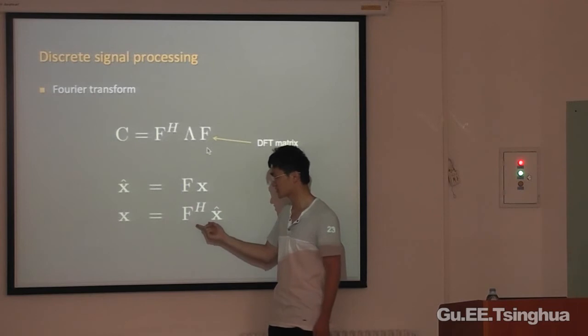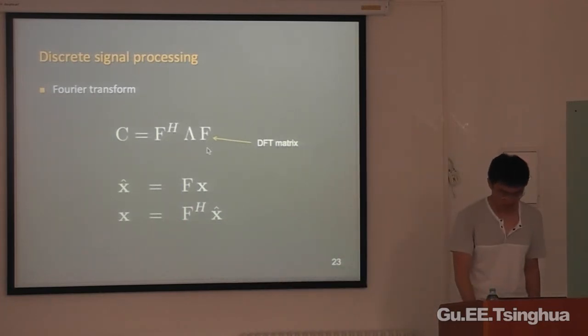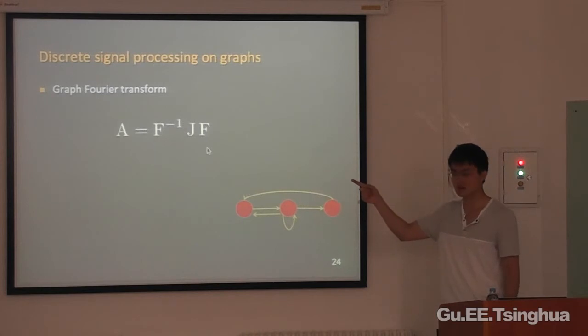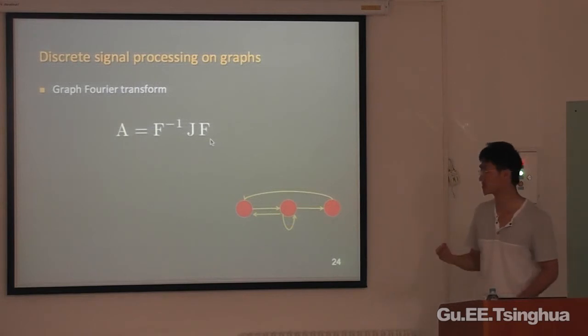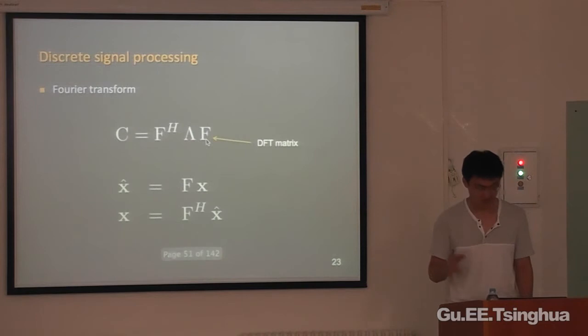And you can do the inverse and go back to the signal. And we do the similar thing. We do the eigen decomposition for A, and the generalized eigenvalues and eigenvectors here, we call that a graph Fourier transform.